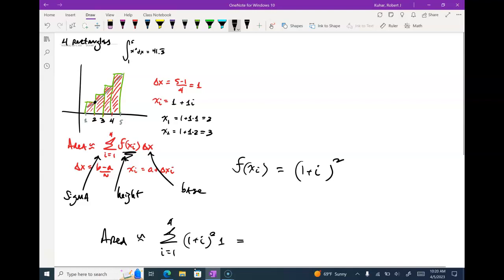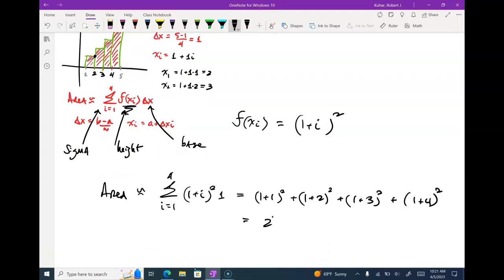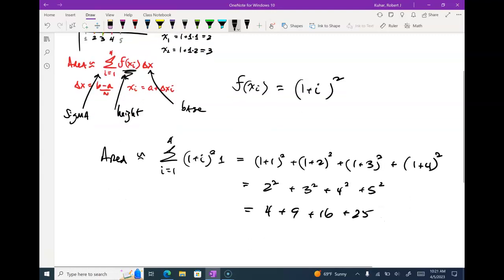So when I put in i from 1 to 4, I get 1 plus 1 squared plus 1 plus 2 squared, plus 1 plus 3 squared, plus 1 plus 4 squared. So that's 2 squared plus 3 squared plus 4 squared plus 5 squared: 4 plus 9 plus 16 plus 25.